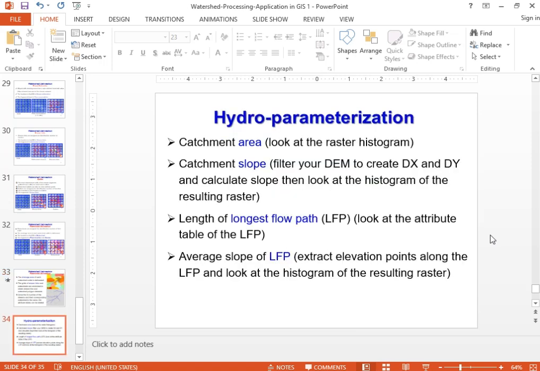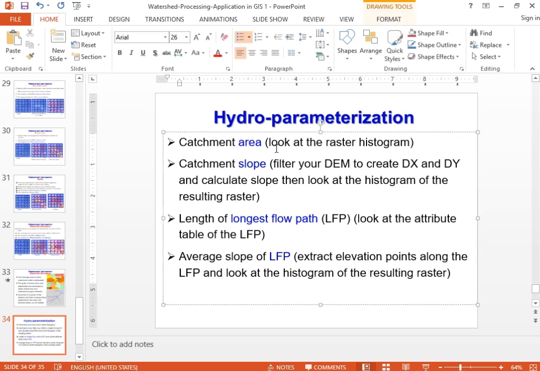In conclusion, in this hydro parameterization, after delineating a watershed, you can obtain the catchment area. We can also get the slope. In addition, we can get the longest flow paths, and also we can have access to the slopes of the longest flow paths.